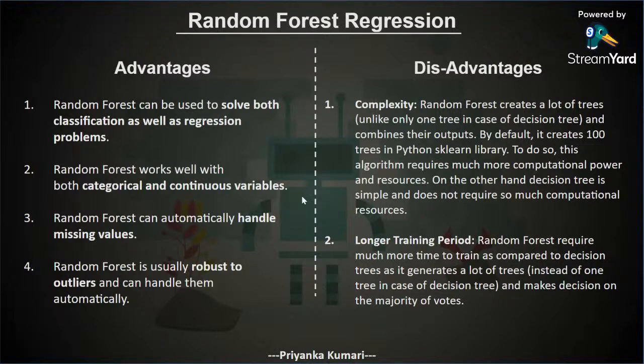Now coming to its disadvantages. The first disadvantage is that random forest creates a lot of trees, unlike the decision tree, which uses only one tree. As we saw, it creates many trees and then combines the outputs. By default it creates 100 trees in the Python sklearn library.